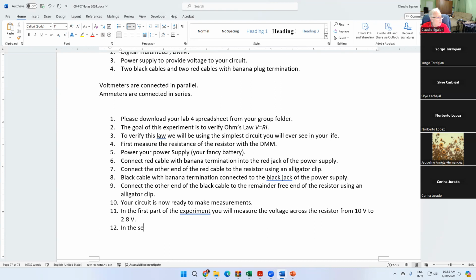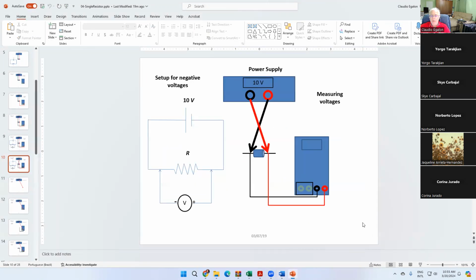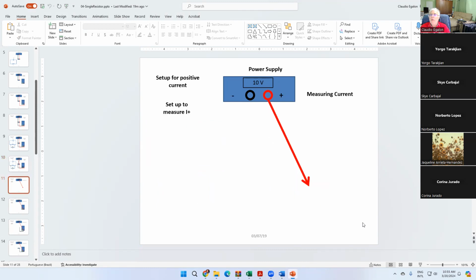In the second part of the experiment, you will measure the current at each of the voltages. So the second part now, we're done with the first part. Now we have to take the circuit apart.